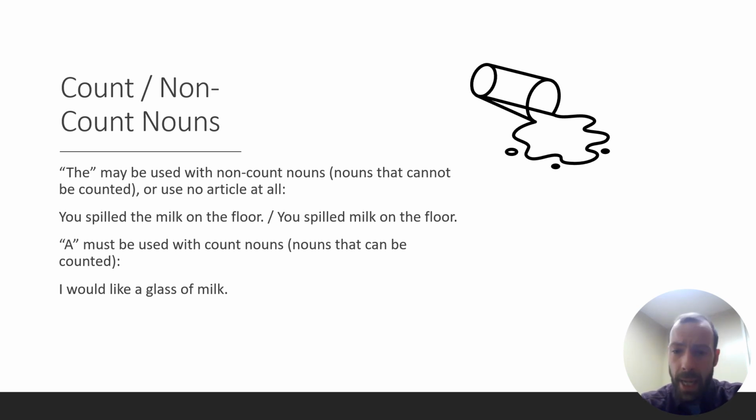If we're using slang, we could say, I would like a milk. Okay? People often use that in their day-to-day conversation. And that's because when they say, I would like a milk, they're really referring to a glass of milk or a carton of milk or a serving of milk, something that can be counted. It's just sort of shorthand.